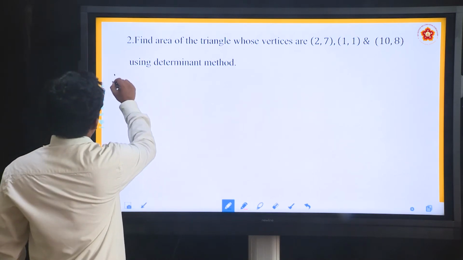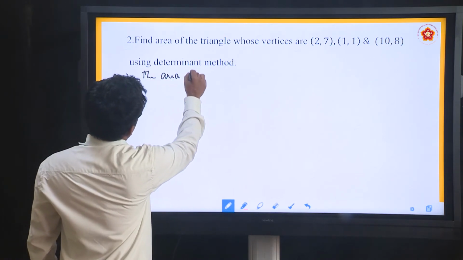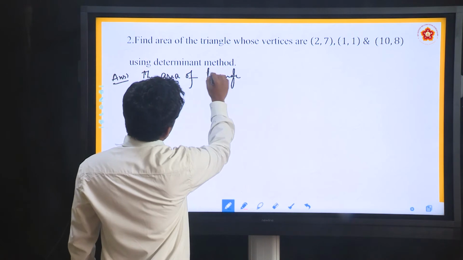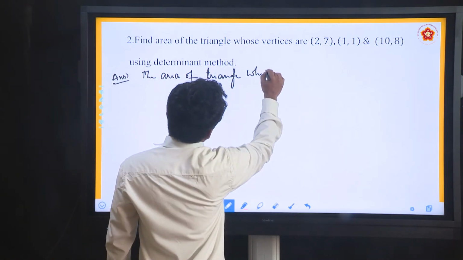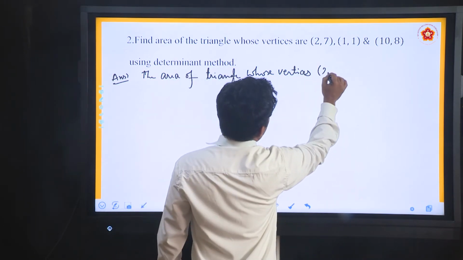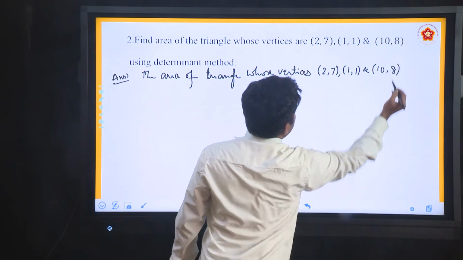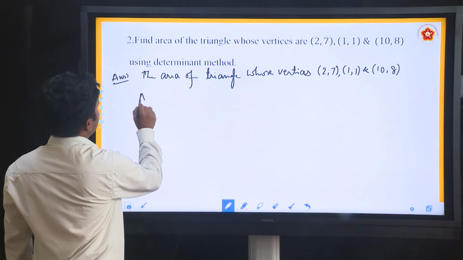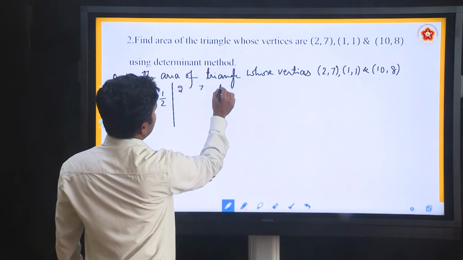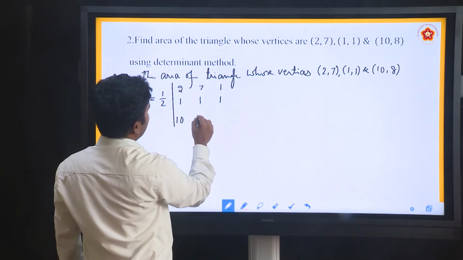So, as you know, the area of a triangle whose vertices are 2, 7; 1, 1; and 10, 8 is given by delta equal to half into the determinant of 2 7 1, 1 1 1 and another row 10 8 1.